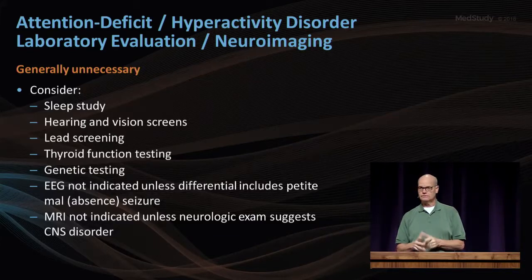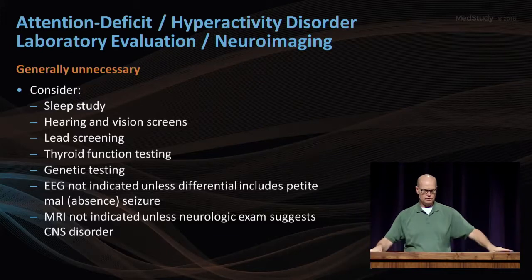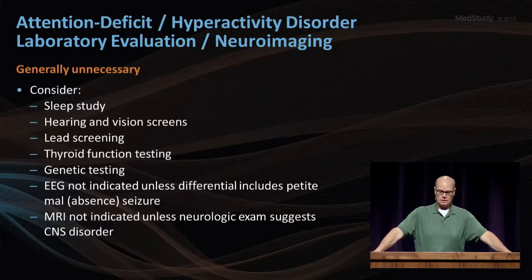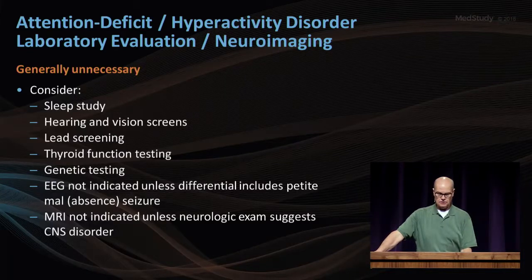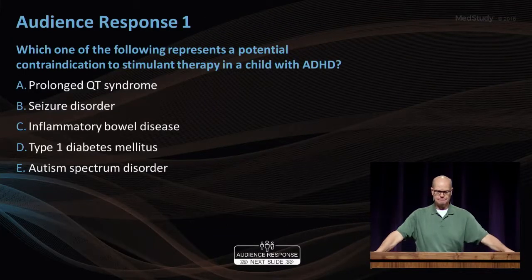Genetic testing, if you suspect Klinefelter's, if you suspect other underlying genetic disorders, Fragile X again, like we've talked about. And unless you are suspicious of petit mal or absent seizures, EEG is not indicated, nor is MRI unless there are specific findings on neurological exam.